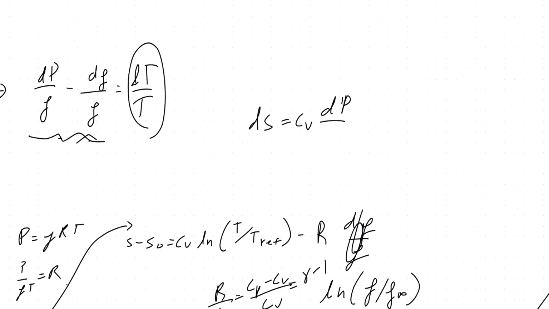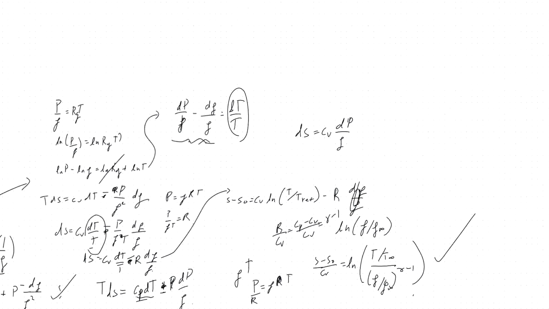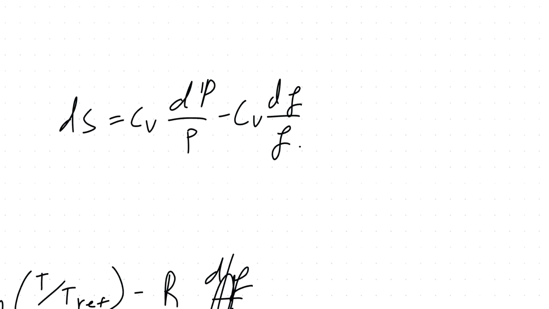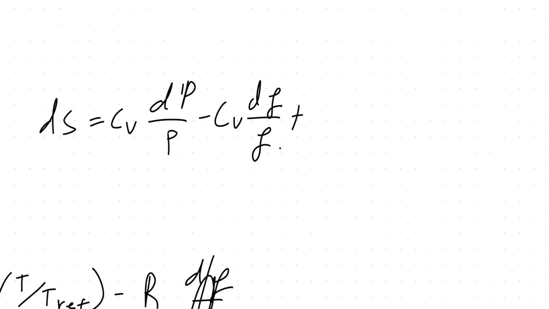Here's P. What's the next one? I don't know. It is minus CV, is a minus, right? Yeah, I think so. Rho divided by rho. And that is plus something. I don't remember. I think it is negative d rho over rho squared. Am I correct?